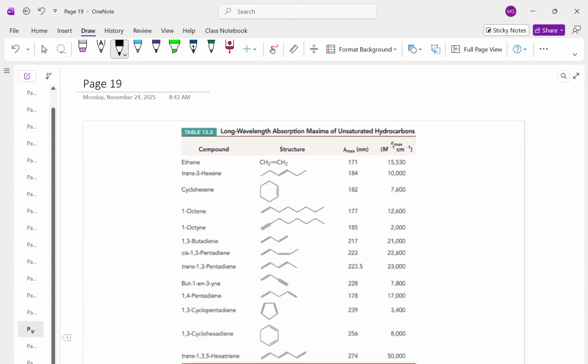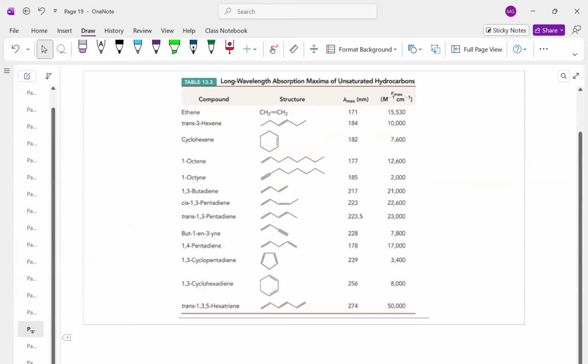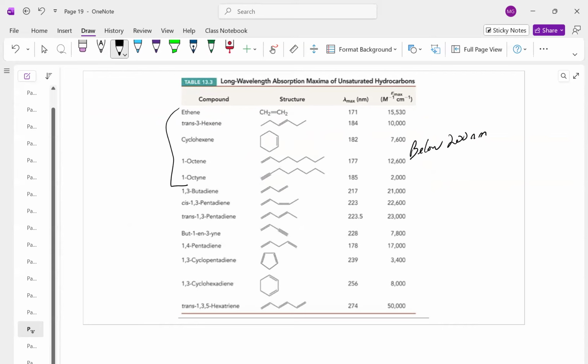And let's look at some numbers. I do not want you to memorize these. What I want you to look at are the trends. Notice here how these systems are not conjugated dienes, and so they absorb wavelengths of EMR below 200 nanometers, which is where UV starts.